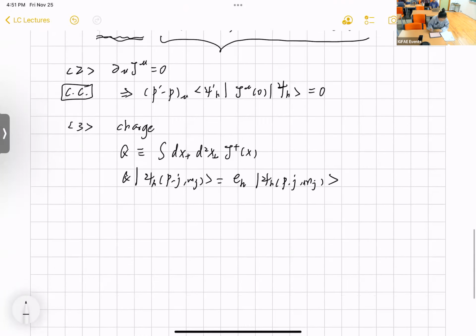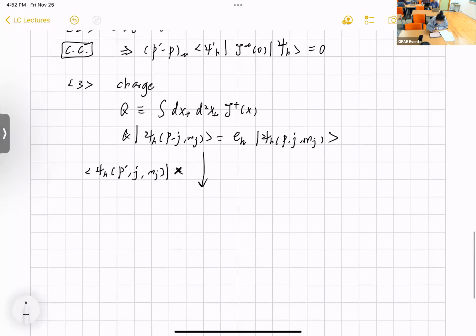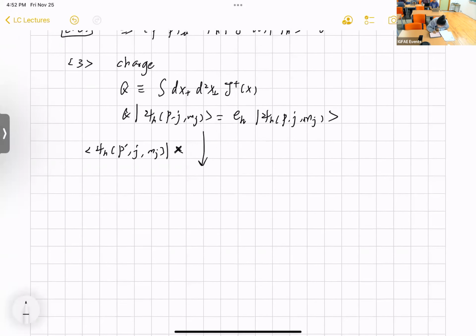And so what can this tell us about the hadron matrix element? So let us put the same hadron state, but with a different momentum, and act this on both sides of the equation. On the left-hand side, this Q is the integral of the J plus, so if I take the integral out to the left, we have J plus in between.